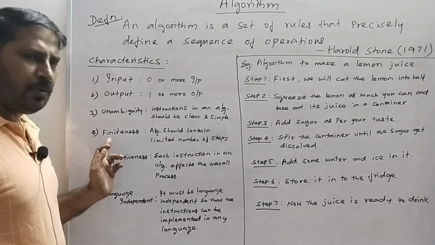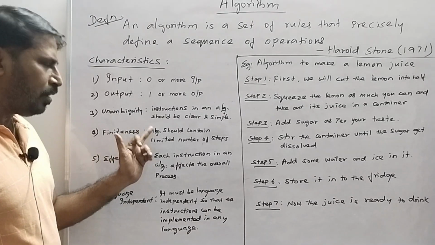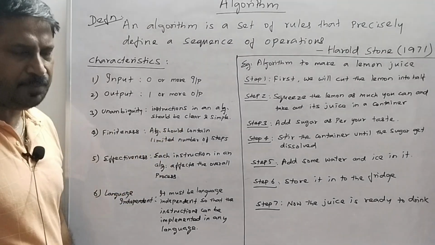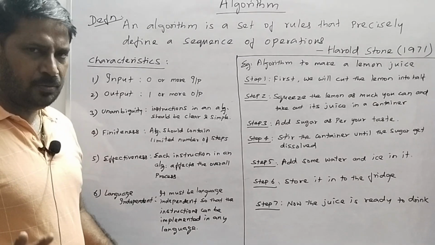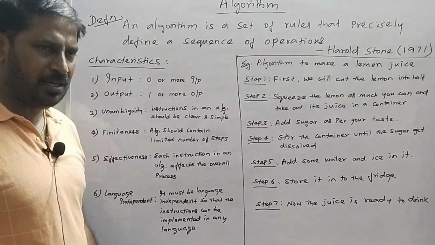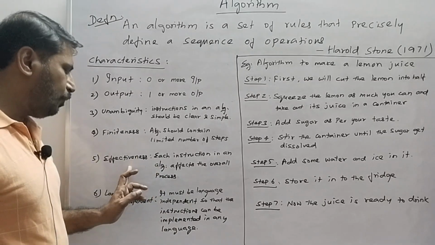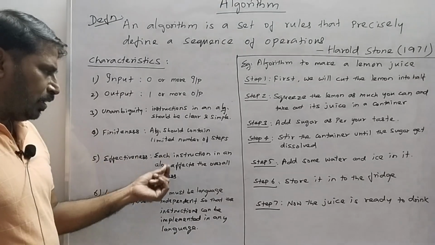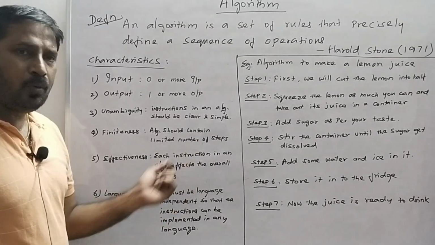The fourth one is finiteness. What do you mean by finiteness? Every algorithm should contain a limited number of steps. In any algorithm, the number of steps should be limited according to the nature of the algorithm. Then the fifth one is effectiveness. Each instruction in an algorithm affects the overall process.